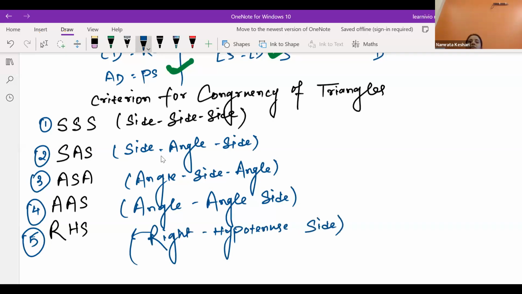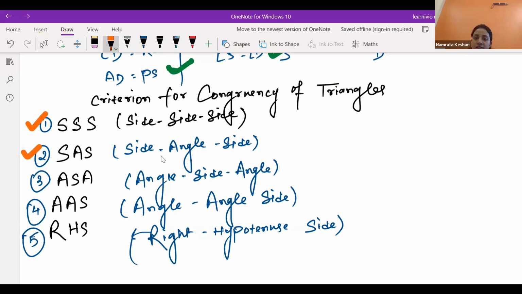Okay, so these were the congruency criteria: if you don't know everything about two triangles, if you don't know the measurement of each and every side and each and every angle, then at least we were matching any of the criteria from here. At bare minimum, if we are able to match side angle side, then we were declaring that yes, the triangles are congruent.